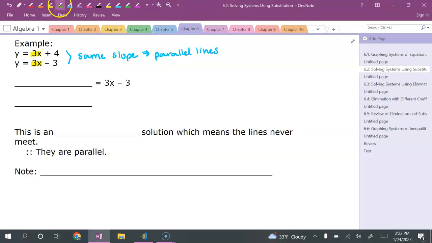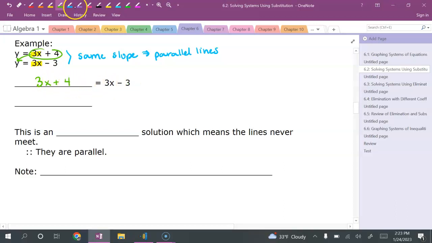Really what's going to happen if I were to try to solve this using substitution, they're both already solved for y. So I could take that 3x plus 4 and replace it for that y underneath it in that second equation. So it would look like this, 3x plus 4 equals 3x minus 3.